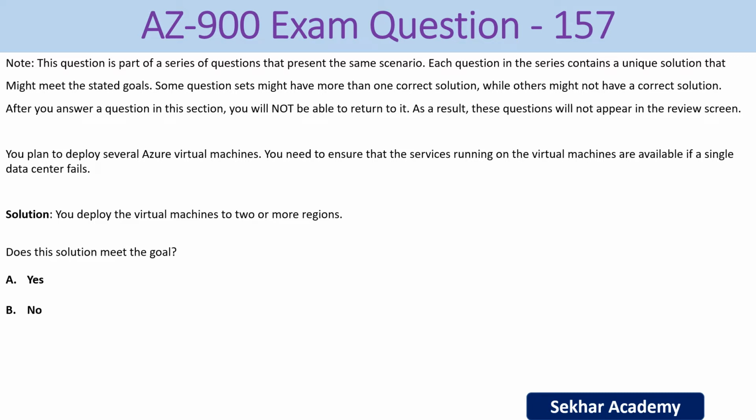The question is the same as the previous question, but the solution is: you deploy the virtual machines to two or more regions. Does this solution meet the goal? Options are yes and no. Here again the right answer is yes.